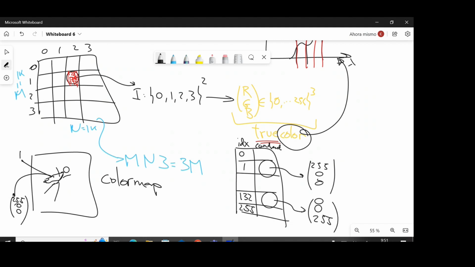If I want to represent the suit here, I say this is code number 132. So I use only one number. Now I only have a million values instead of three million. So I have divided the amount of memory by 3.